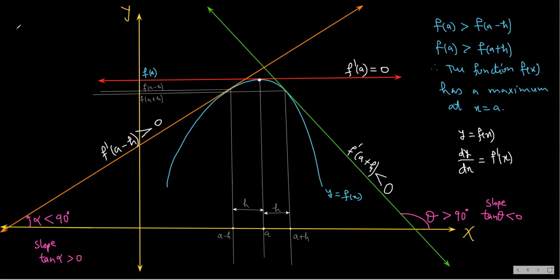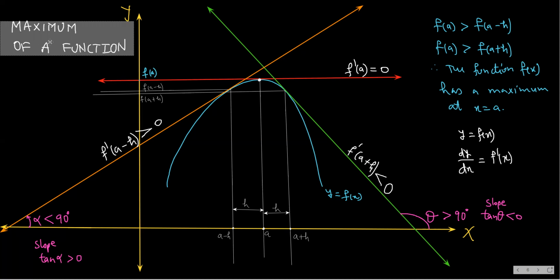So here I write the heading: maximum of a function. And what is the condition? Just now I stated the condition that a function y equal to f of x has maximum at x equals a when, at x equals a, the first derivative will be 0.